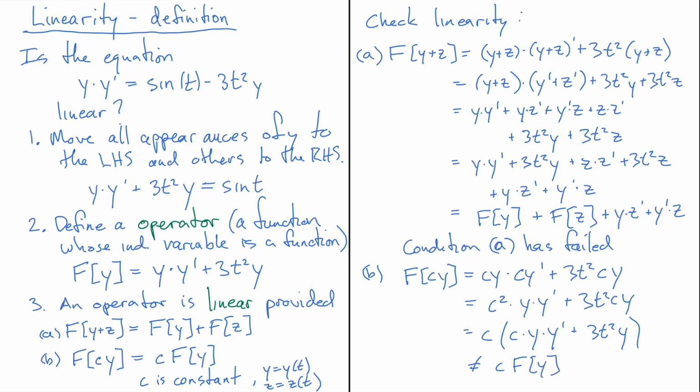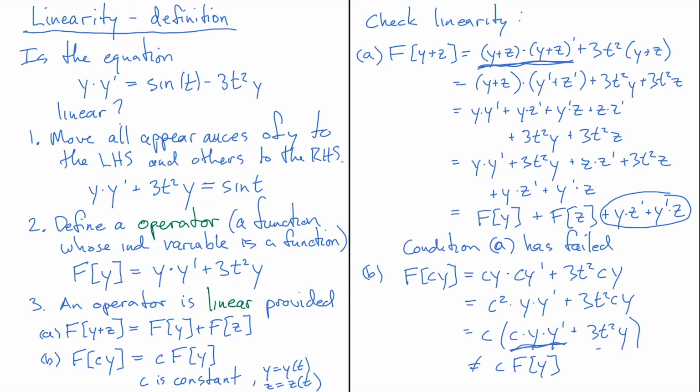And in both cases, the culprit in the nonlinear problem here, or the not linear piece, in the first case, in part A, was that there's a yz prime and a y prime z that was left over, and that came from the product of y and y prime. And in the next case, the problem was, again, the y times y prime.